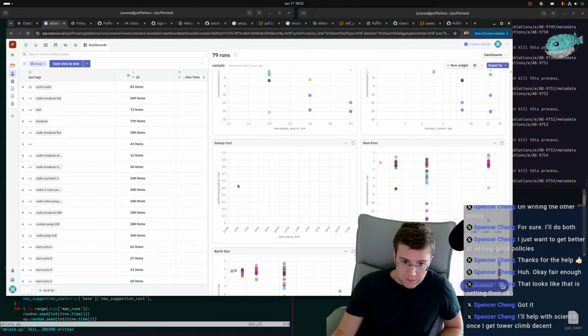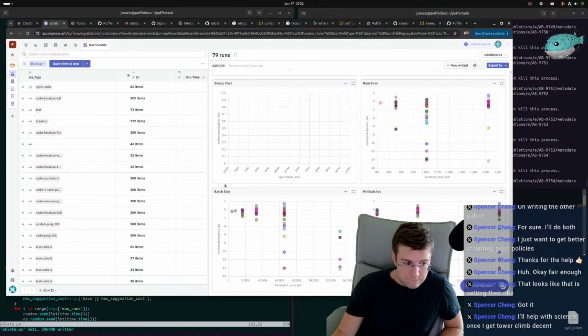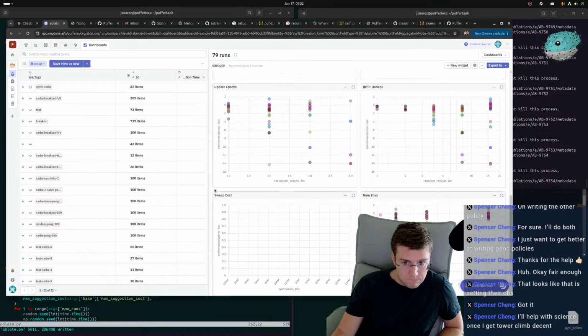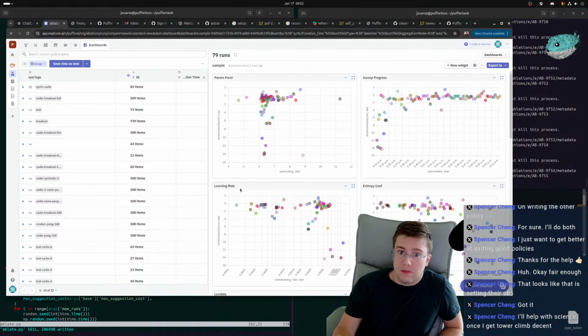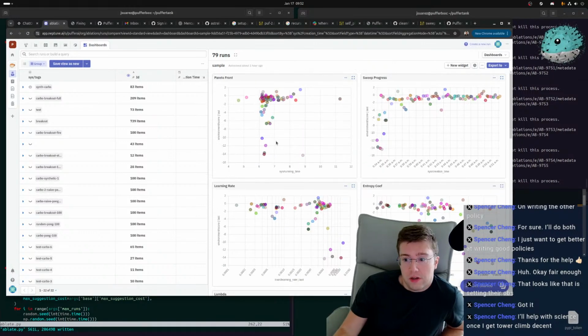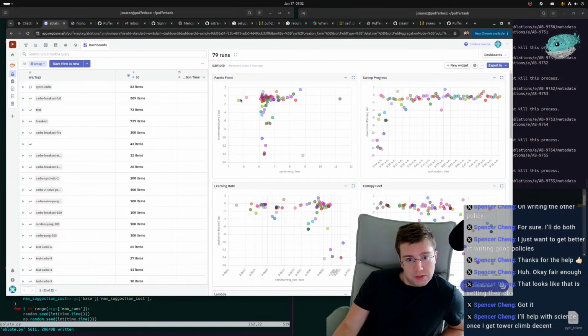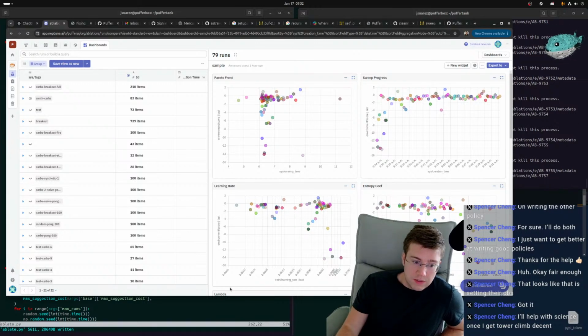Where's cost? What's up with this? Pareto front. I mean, this is like what you want here. Sys running time. Oh, wait. No. This is not all right. Because, yeah, this is not the thing that it's actually getting evaluated on.